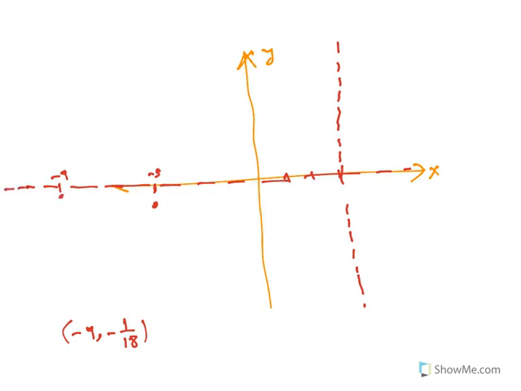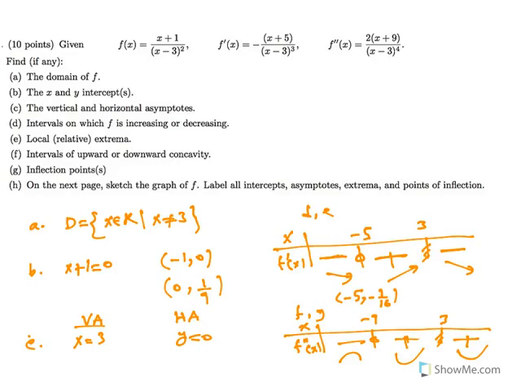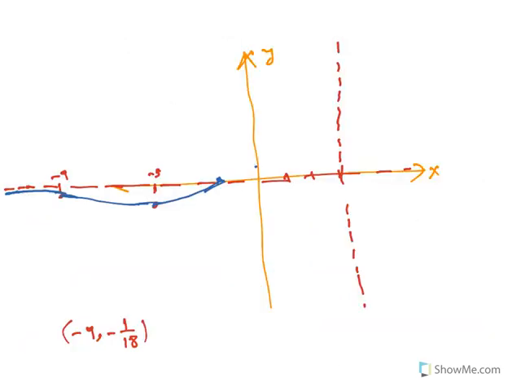Then we can sketch the graph of the function now. It starts close to the asymptote, then the minimum. When x is negative 1, you have the x-intercept, and the y-intercept is 1/9, and it gets close to the vertical asymptote.